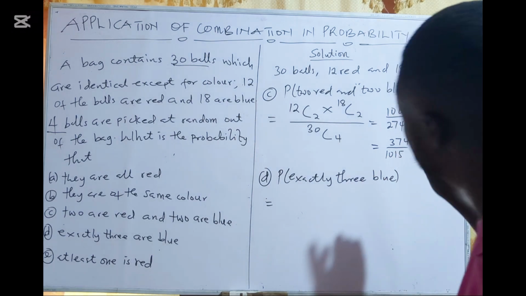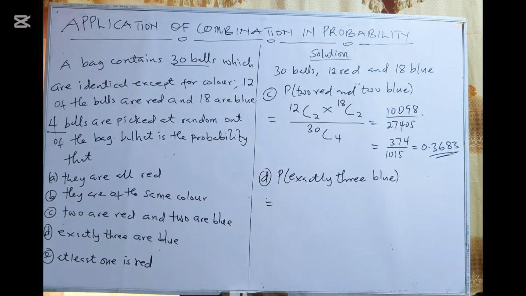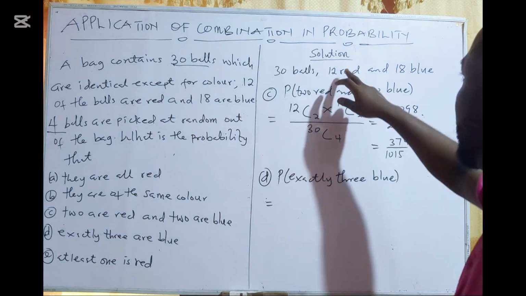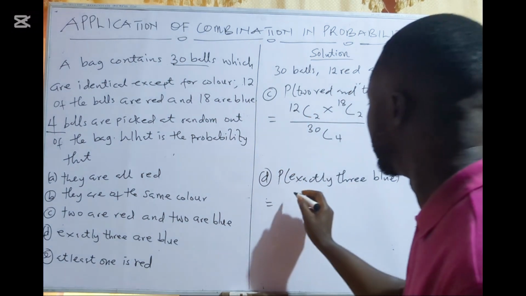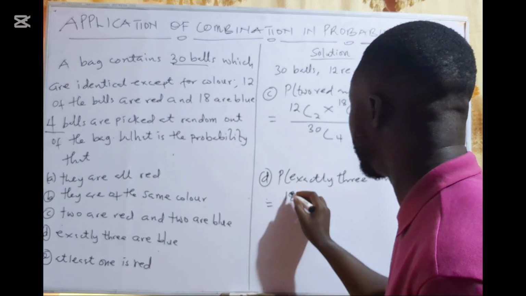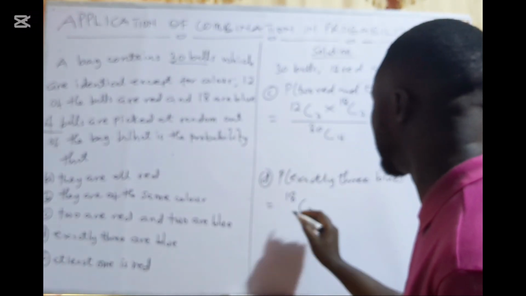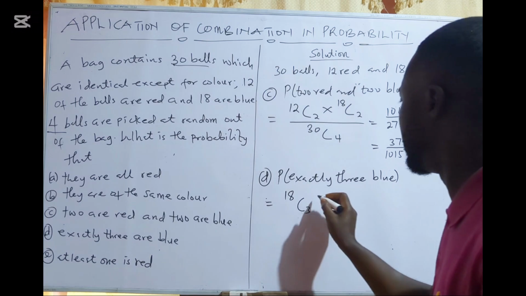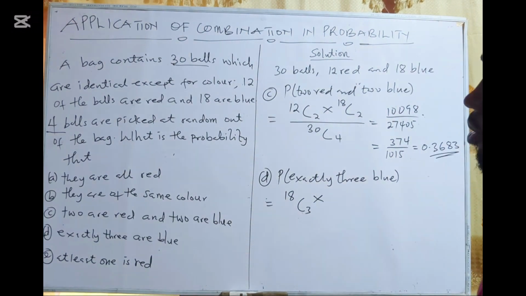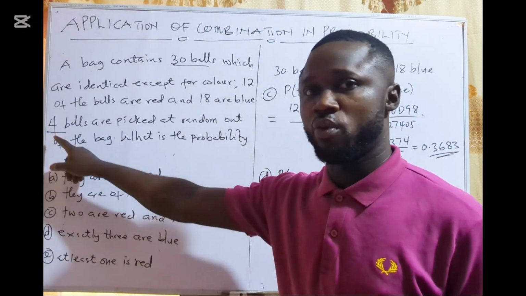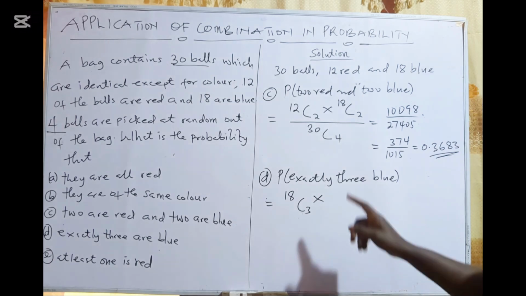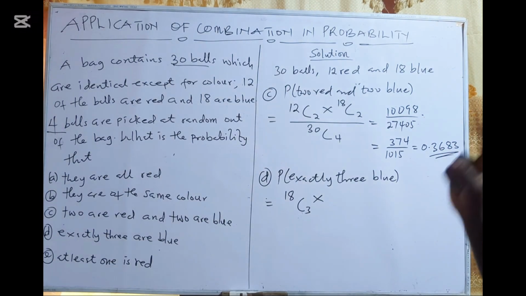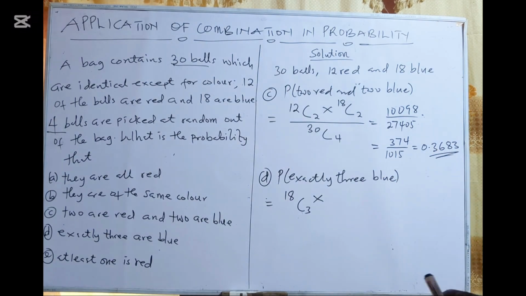Exactly 3 blue. So how many blue balls? 18. So if exactly 3 are blue, then from the 18 I'm going to select 3 blue. And in the selection, I'm not selecting 3, I'm selecting 4. So if exactly 3 are blue, then there's one left, which will be red.